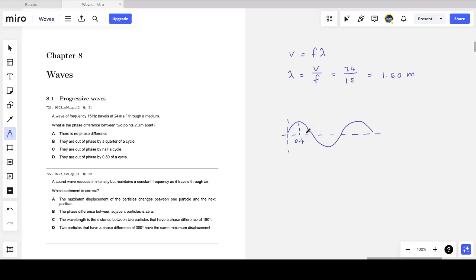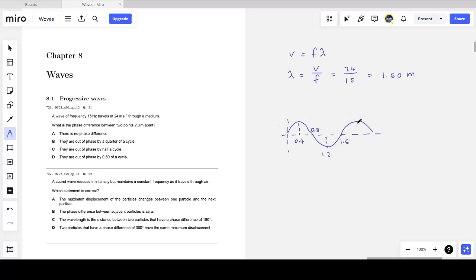Imagine this is displacement versus distance, then at 0.8 meters, the graph cuts through the horizontal axis. And then the first trough is at 1.2 meters. And then a wavelength is 1.6 meters, which we calculated. So that distance is one wavelength.